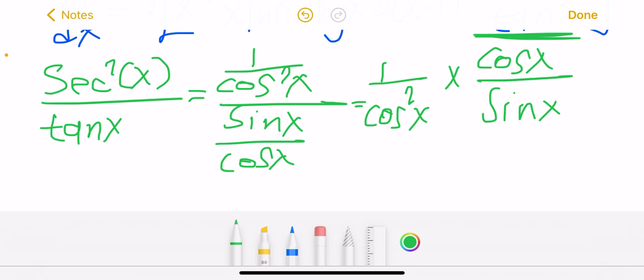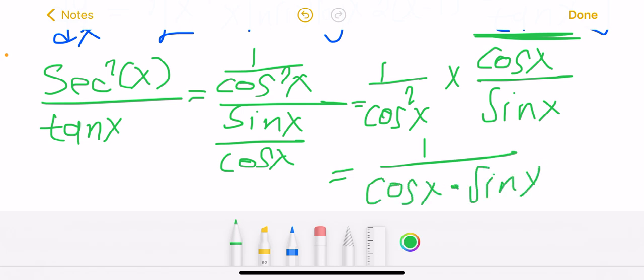Okay, and then now cos x will cancel cos squared x, and only 1 cos x will be left, which means you are left with 1 over cos of x multiplied by sine of x.